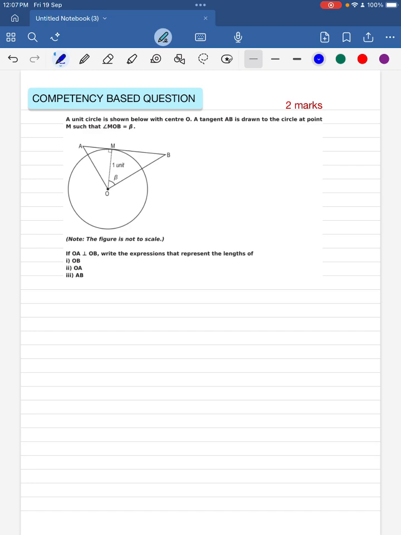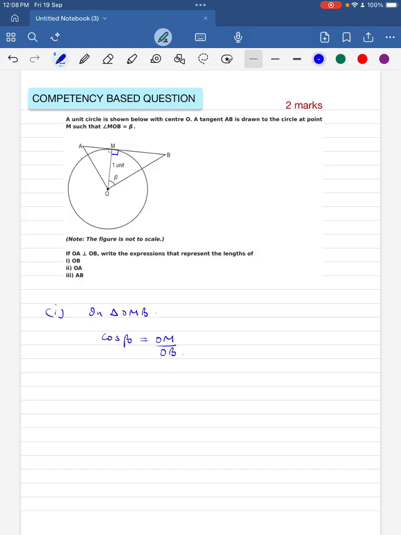Okay, so first let's take triangle OMB. To do the first part, I'm taking triangle OMB. I know that cos beta is equal to adjacent side, which is OM, divided by the hypotenuse, which is OB. Now this is a right angle triangle, so OB becomes the hypotenuse.